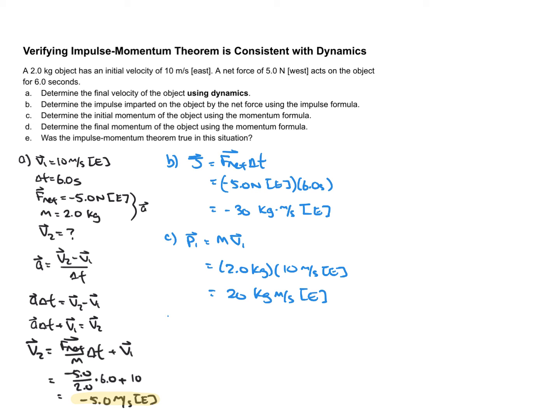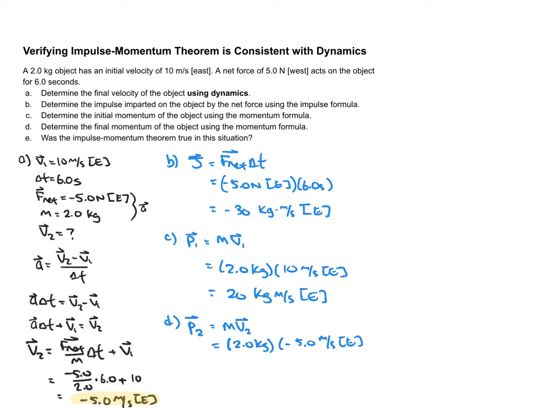Part D, determine the final momentum. The final momentum, here we're using the velocity we got from part A. That's the final velocity, so that will be 2.0 kilograms times negative 5.0 meters per second east.